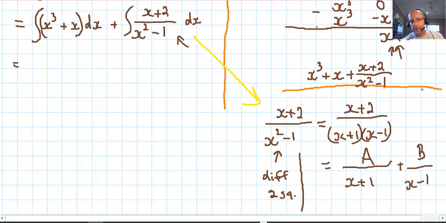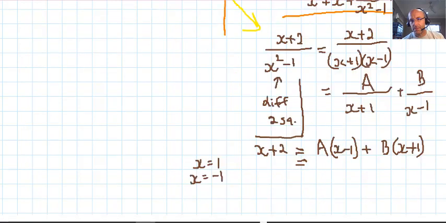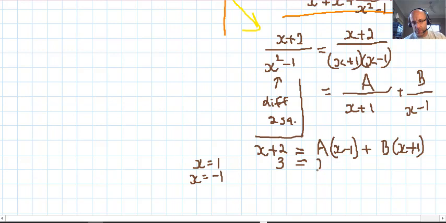Okay, which we've seen a lot of times now. Setting ourselves up for the usual process now. So letting x equals 1 and then later let x equals negative 1. So we have 3 equals 2b. So b equals 3 on 2. Okay, so of course these parameters don't have to be integers.